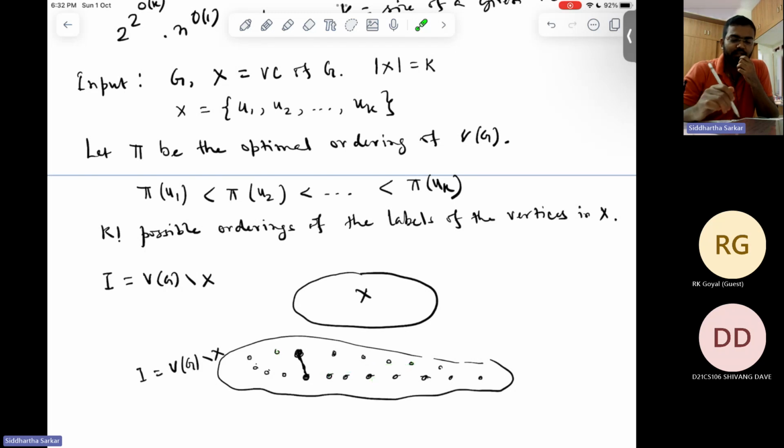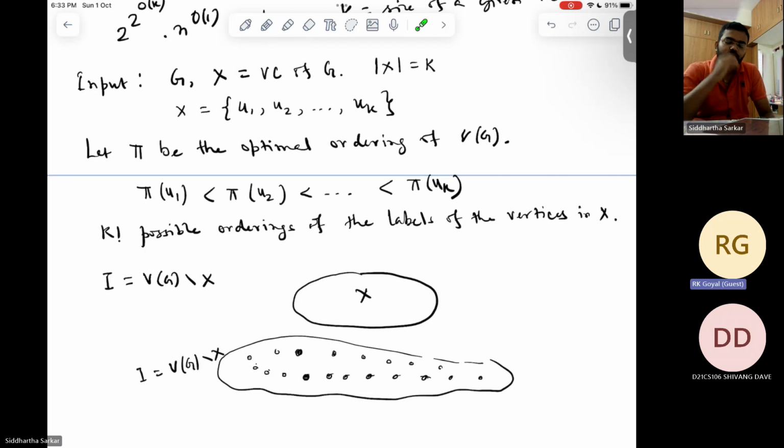So all the vertices here are such that the edges out of these vertices are going to X only. There are no internal edges, right? Yes. In other words, these vertices can be thought of as an independent set. An independent set is a set of vertices such that no two vertices have an edge between them.